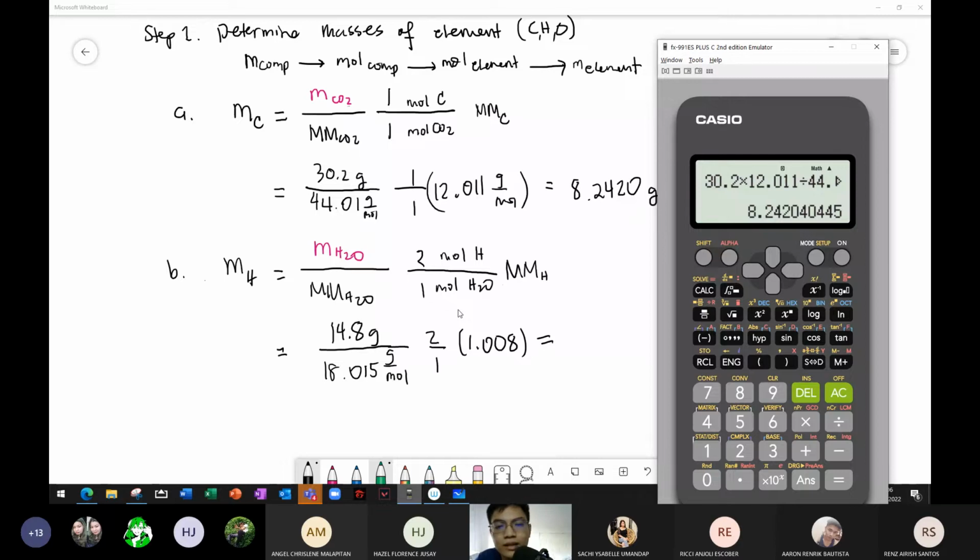Using CalQ, I can get the mass of the hydrogen atoms: 14.8 times 2 times 1.008 divided by 18.015. So this is the mass of hydrogen atoms, but I will round it off to 4 decimal places. So it's 1.6562.